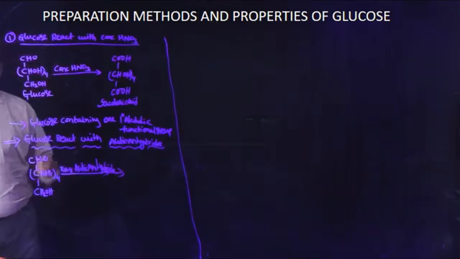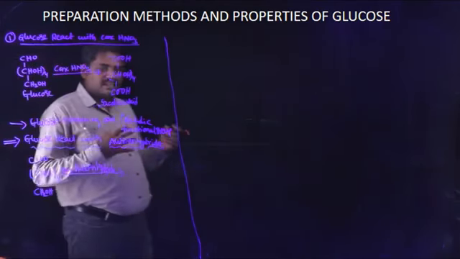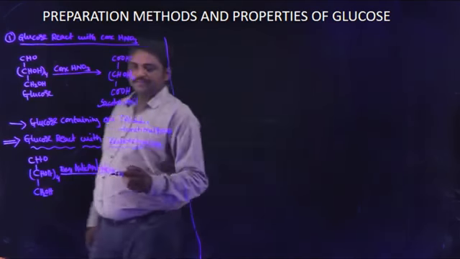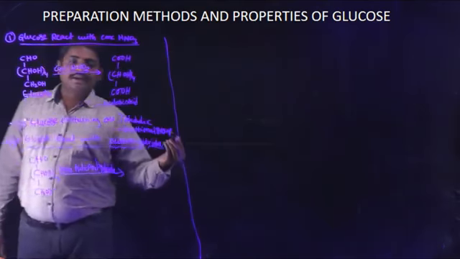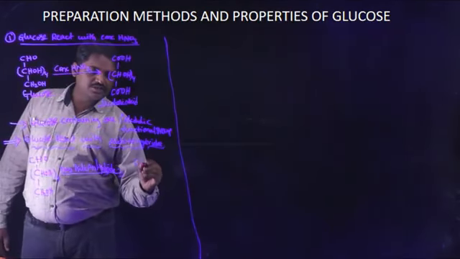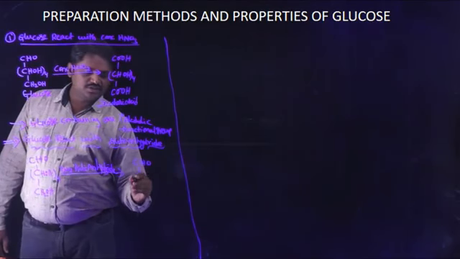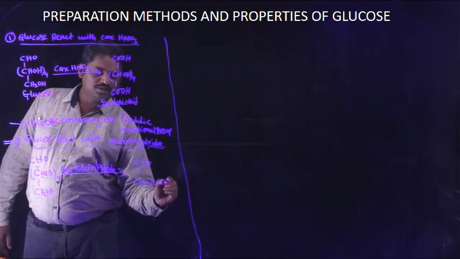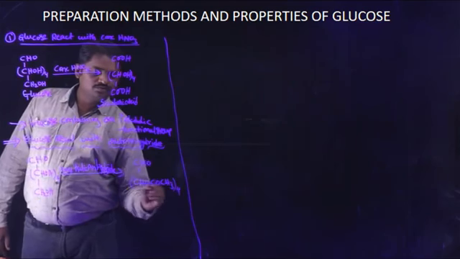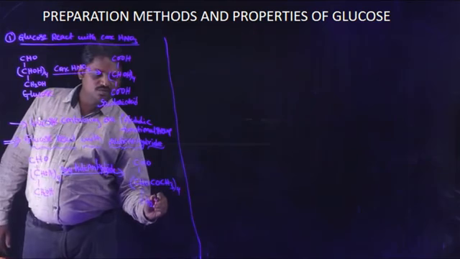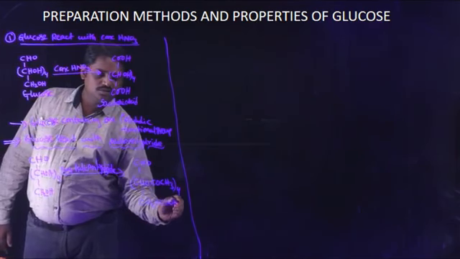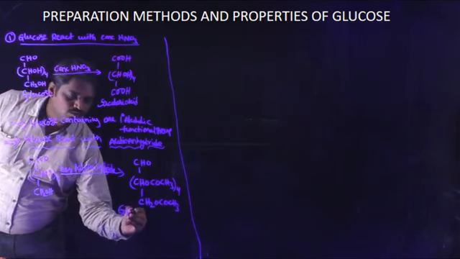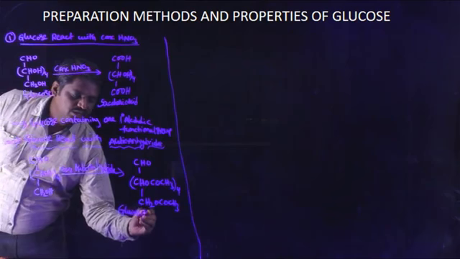Glucose reacts with an excess amount of acetic anhydride and is converted to pentaacetate, that is CHO, (CHOCOCH3)4, CH2OCOCH3. This is glucose pentaacetate.